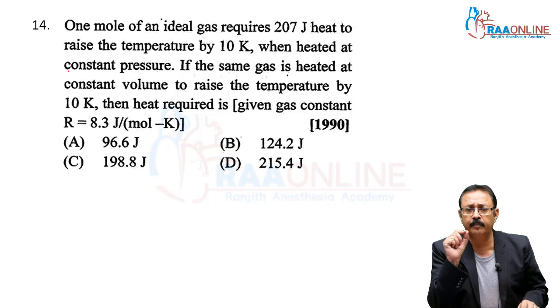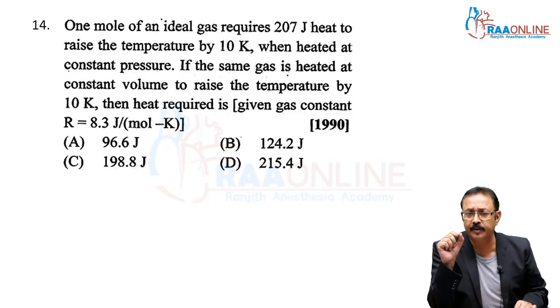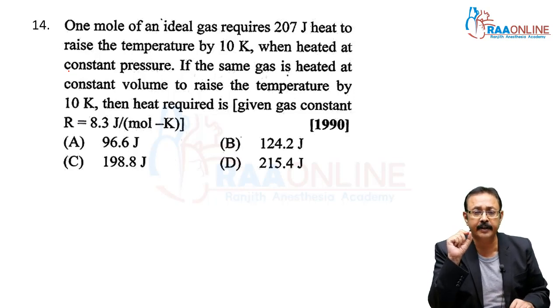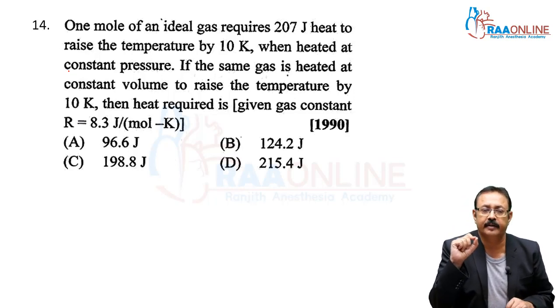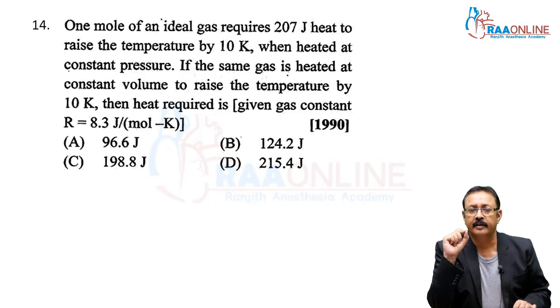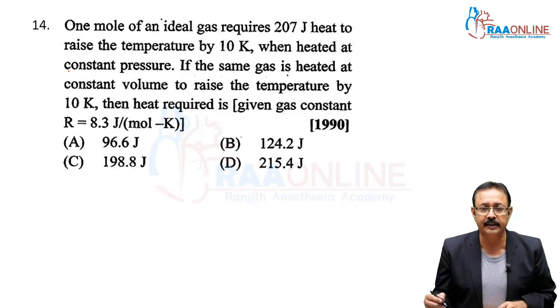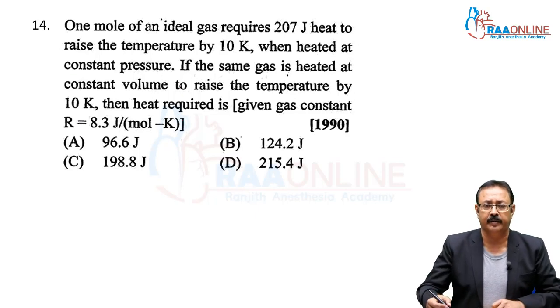Next, 1 mole of an ideal gas requires 207 joules of heat to raise the temperature by 10 Kelvin when heated at constant pressure. It means you can calculate. This is a problem from 1990 AIPMT. So what is given, we will note. They are talking about 1 mole.